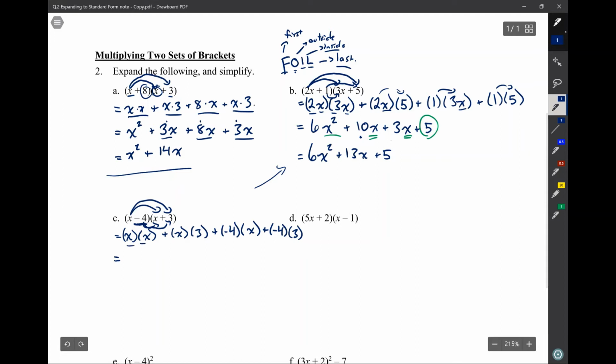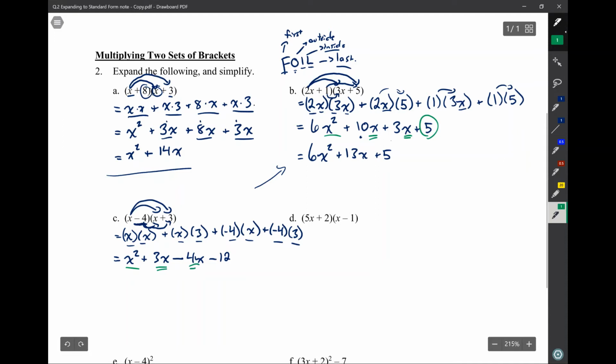So I multiply my first term here, so x squared plus, then I have 3 times x. I'll write the coefficient first. And then I have minus 4 times x. So I'm going to put a minus sign here. Minus 4x. And I have minus 4 times 3. Again, it's a negative times a positive. That equals negative 12. And then I will collect like terms. My x squared is unique.